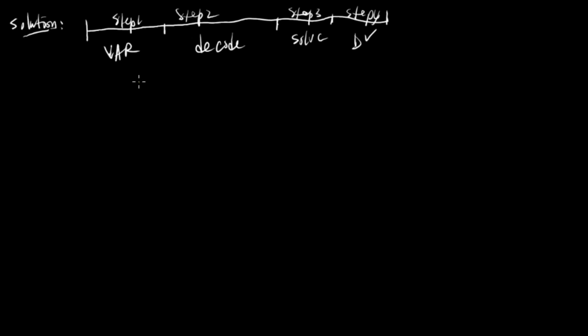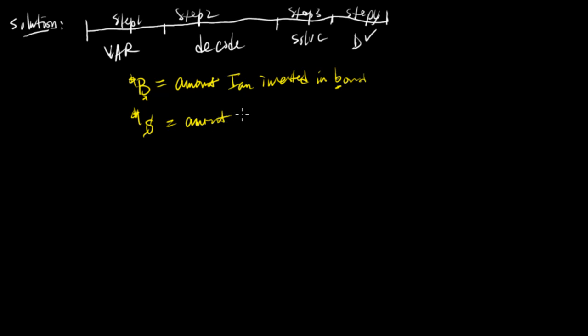On step 1, we set the variable. Let's see, we have $B is the amount Ian invested in bond. In defining my variable, I try to keep it as simple as I know how, so that I can keep track of my variables. And $S is the amount Ian invested in stock.